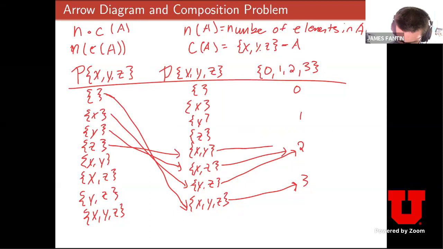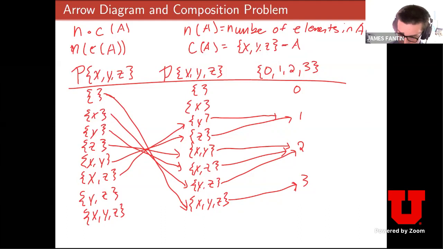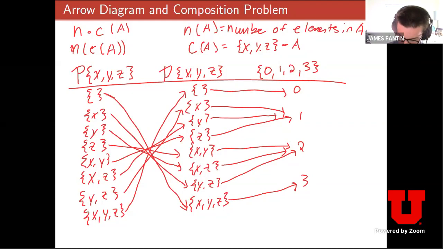This will get mapped to 2. xy gets mapped to the set containing z. That'll get mapped to 1. xz is the set containing y. That'll get mapped to 1. yz will get mapped to the set containing x. That'll get mapped to 1. And xyz will get mapped to the empty set, and that'll just get mapped to 0.